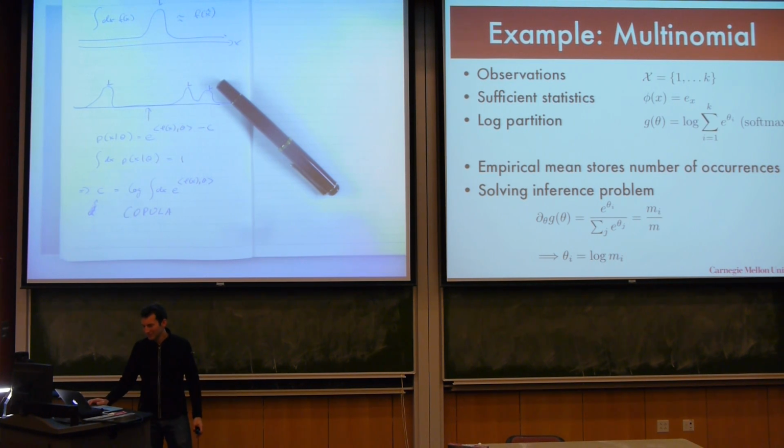Then I take the log partition function thereof. Well, that's just the log of the sum of those terms. And you've probably seen this before, right? This is the softmax. Softmax because, well, will it be greater than, equal to, or less than the largest term?